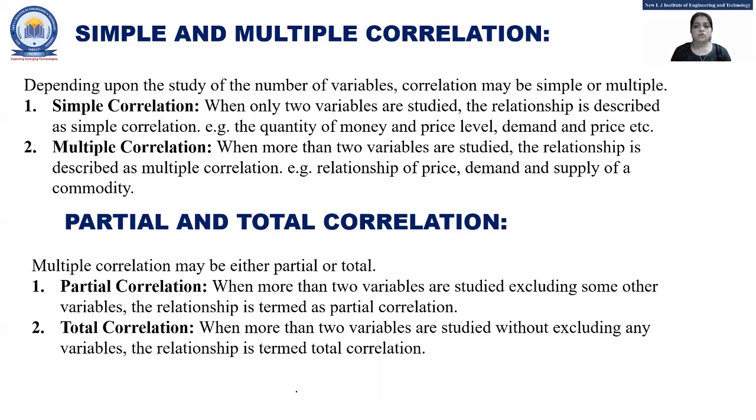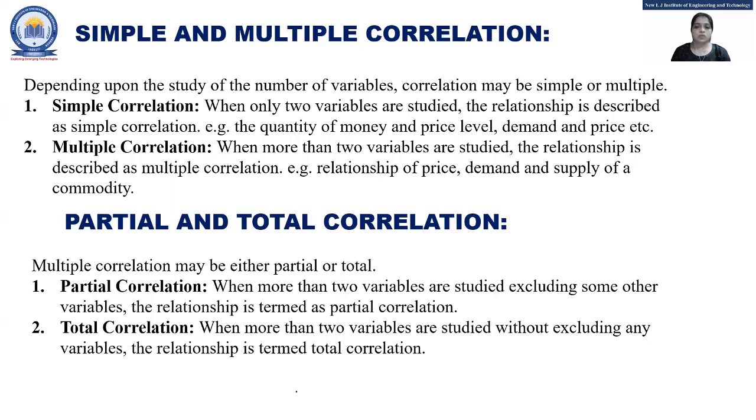In the same way, multiple correlation is when more than two variables are studied, and the relationship is described as a multiple correlation. An example is the relationship of price with demand and supply of a commodity, right? Here, more than two variables are correlated.